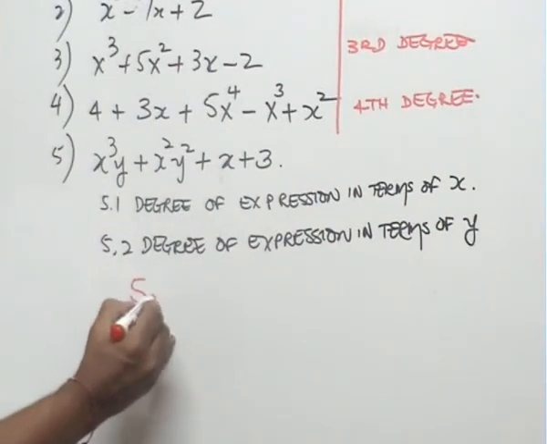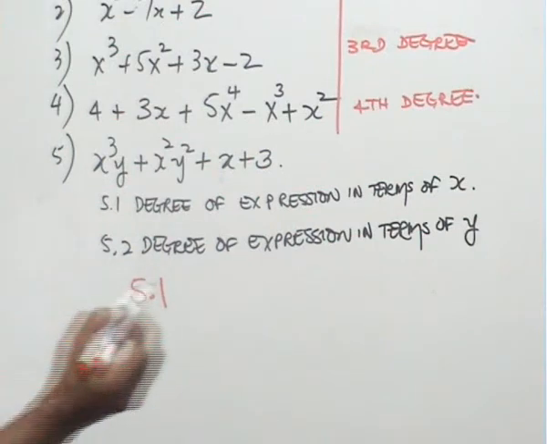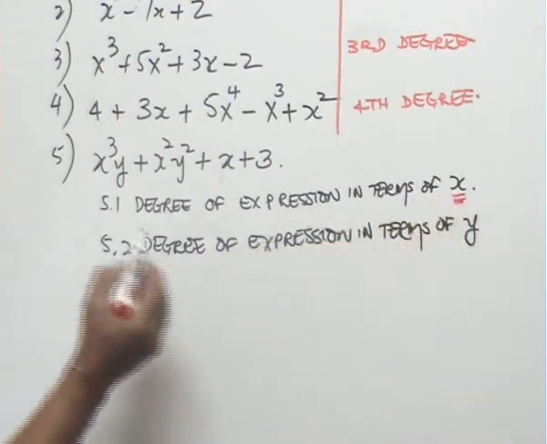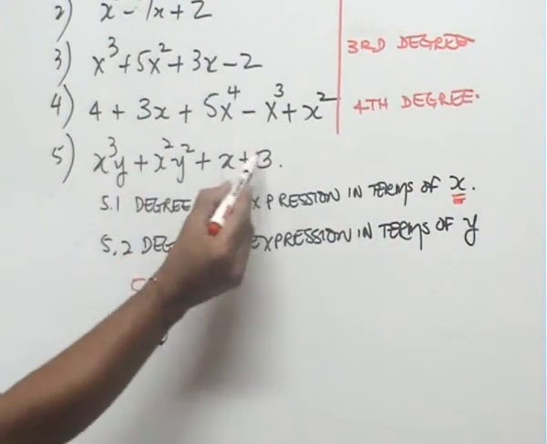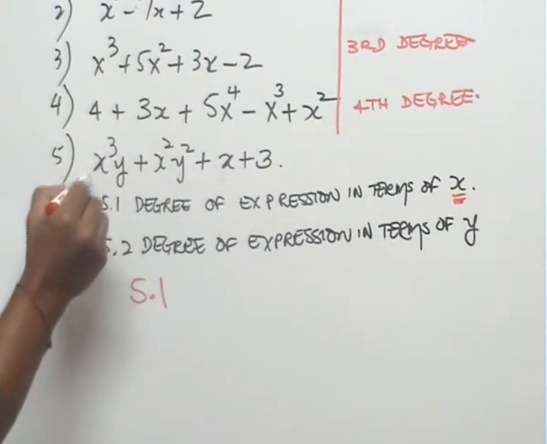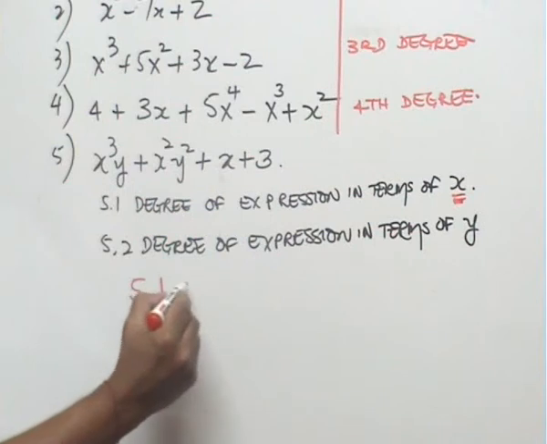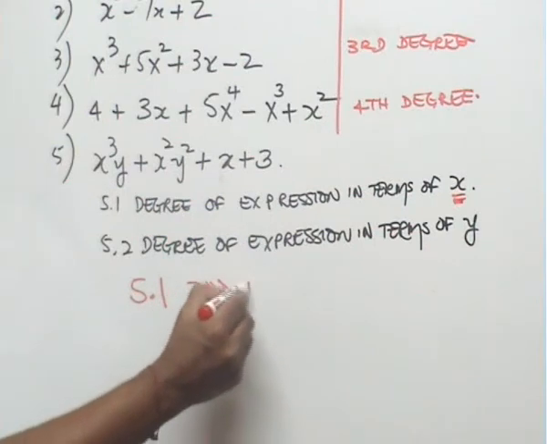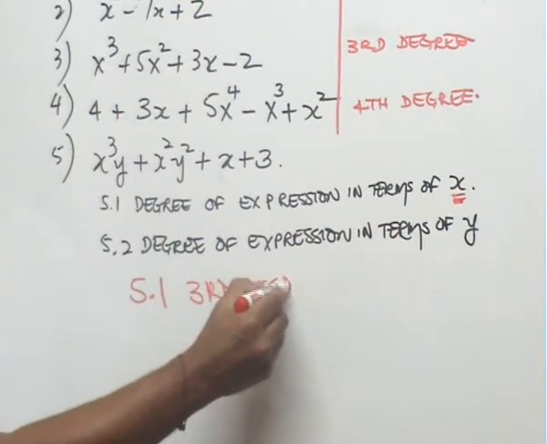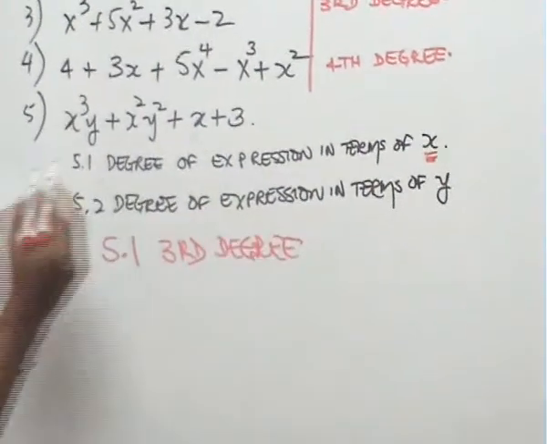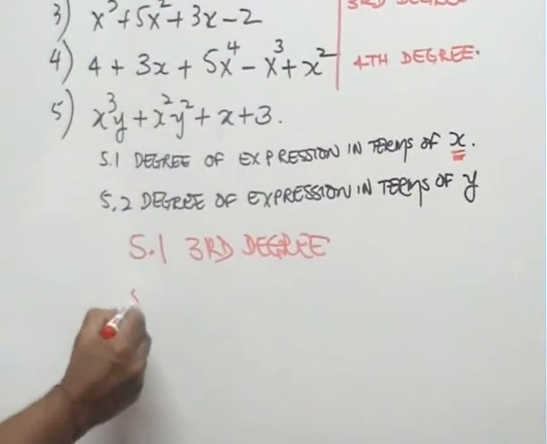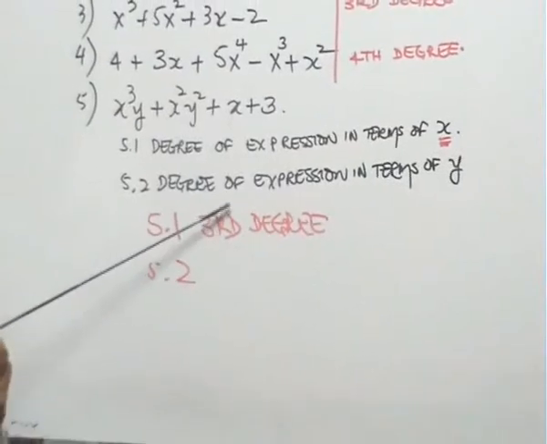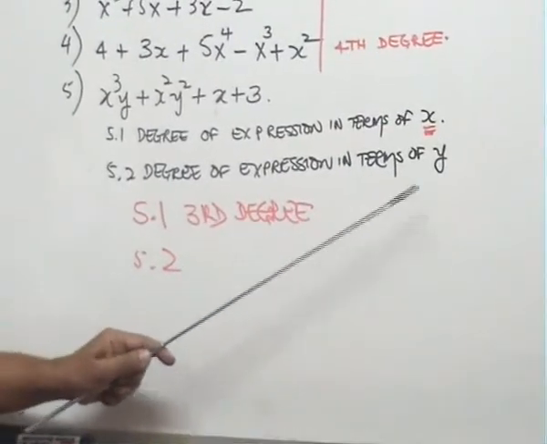So we go to 5.1. We want the answer in terms of x. So we study all the x's and we see what is the highest index for x. In terms of x, it is third degree. 5.2, what is the degree of the expression in terms of y?